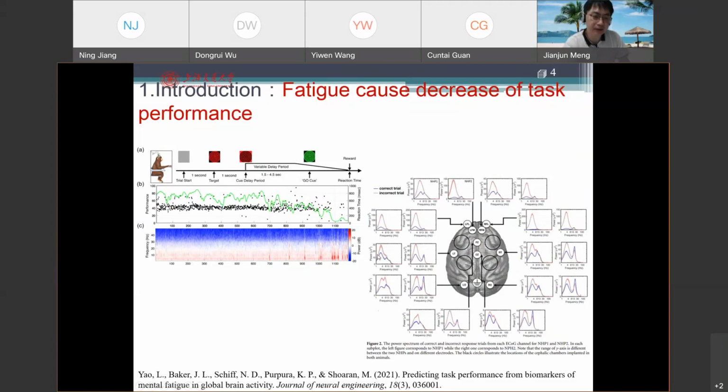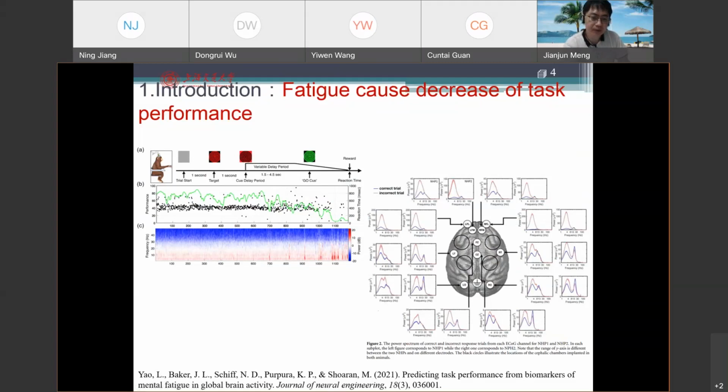You can see the power spectrum of the correct and incorrect response trials in each ECOG electrode in this figure, and clearly we could see the higher spectral power of theta and alpha band for the incorrect trials.